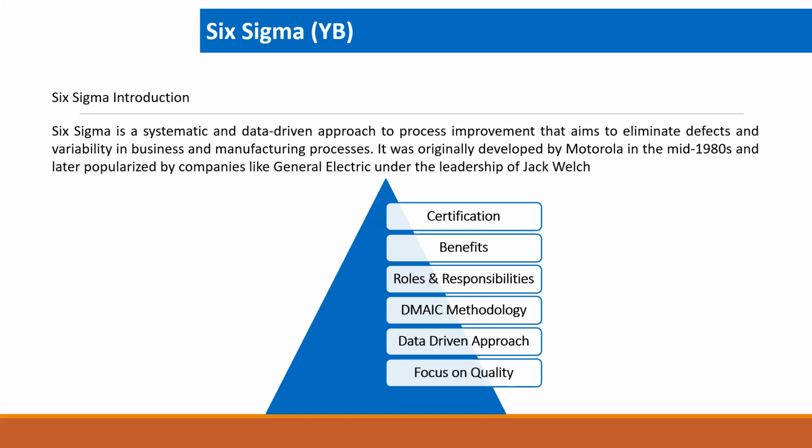That means whenever somebody is working on a project based on this Six Sigma methodology, who has what kind of roles and responsibilities. Then the benefits: why we work on a Six Sigma project and what the benefits are. And certification: what the certification values of Six Sigma are, which we'll discuss here. Clear?